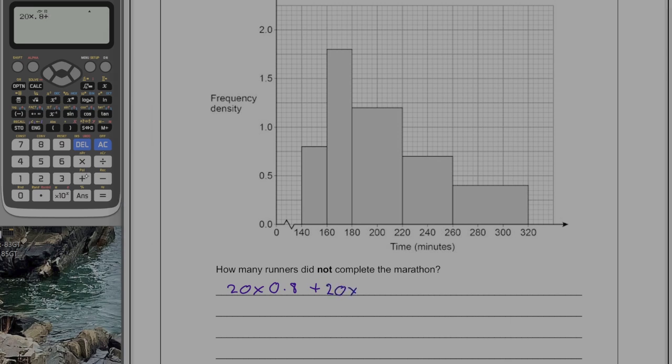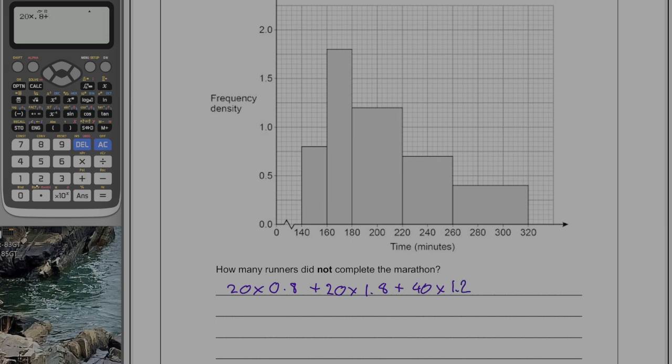The frequency density would be 1.8 plus, this group is 40. Then this frequency density is 1.1 to 1.2.